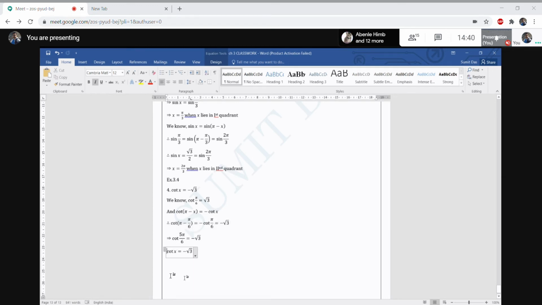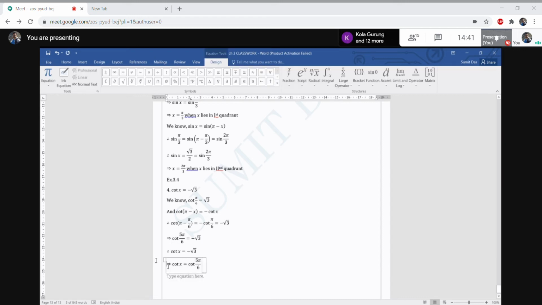Therefore this one equals this, then cot x equals cot pi by 3. So x equals 5 pi by 6. This is the one value.